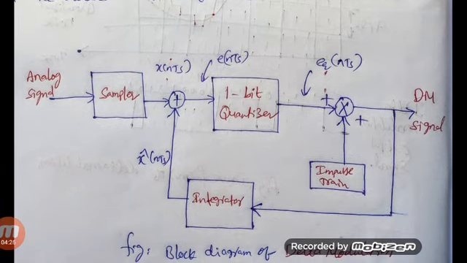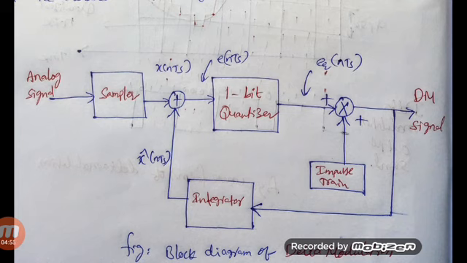The related diagram of delta modulation is shown below. This is the block diagram of delta modulation. Here on the input side we apply an analog signal, and it enters the sampler. By using the sampler, the continuous analog signal is converted into a discrete or sampled signal, and then it moves through the quantizer.